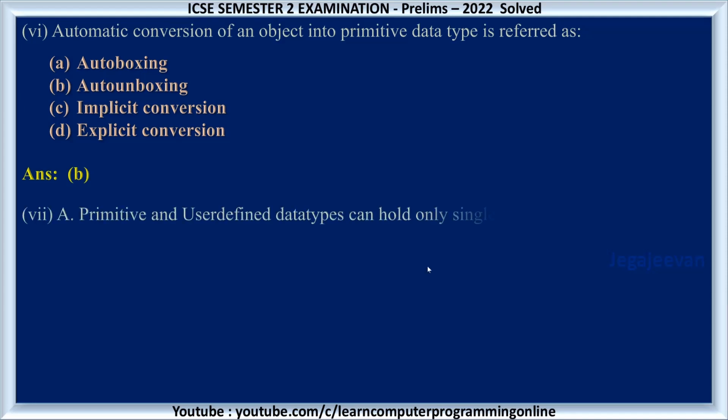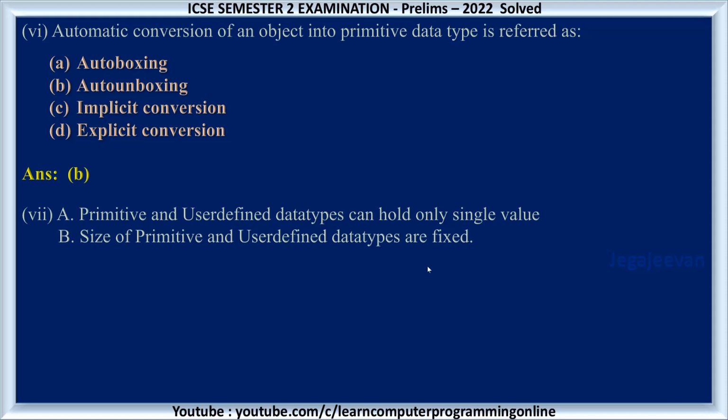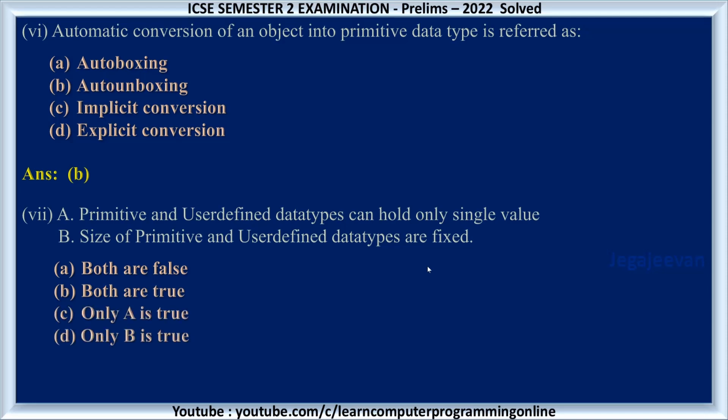Statements: A, primitive and user defined data types can hold only a single value. B, size of primitive and user defined data types are fixed. Options: both are false, both are true, only A is true, only B is true. A primitive data type can have only a single value, but a user defined data type can have many values stored.